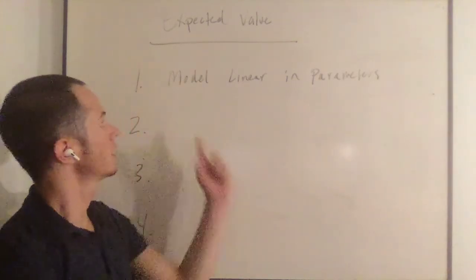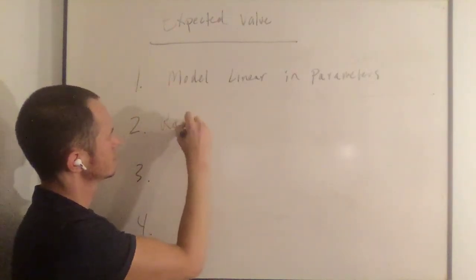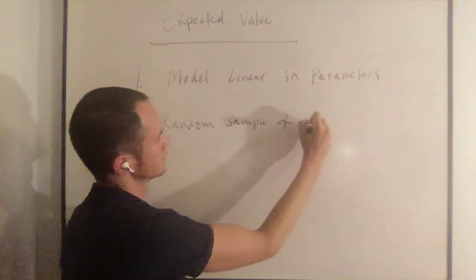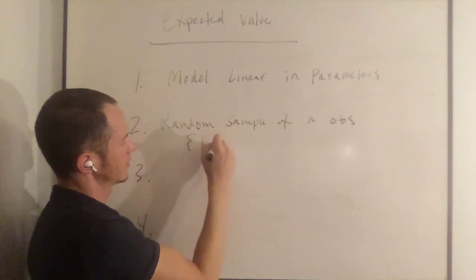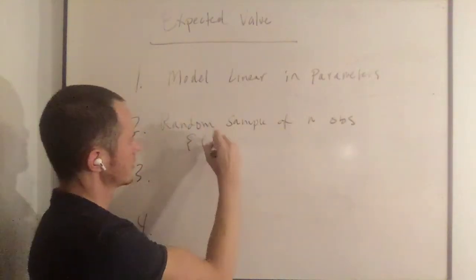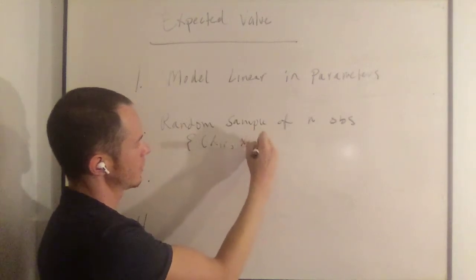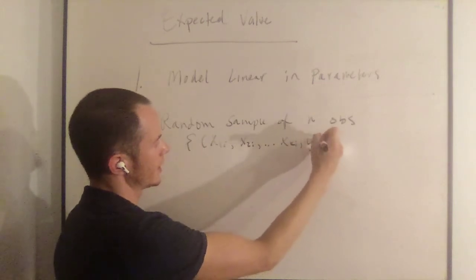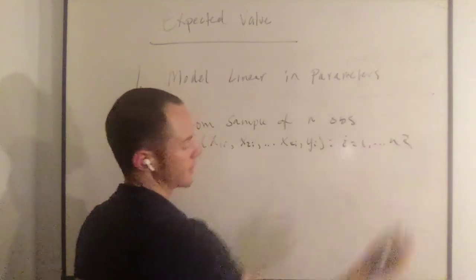The second assumption is that we have a random sample of n observations on x1i, x2i through xki and yi for i equals 1 through n. That's our random sample.